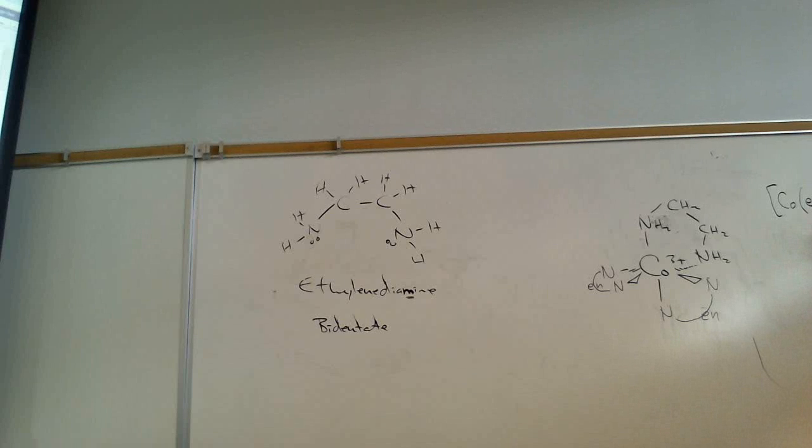This would be called tris, and sometimes we'll put parentheses around this to emphasize that it's 3 ethylene diamines. So tris(ethylene diamine), and then there should be no space here. It's all one word. Cobalt 3 ion. Tris(ethylene diamine)cobalt 3 ion.